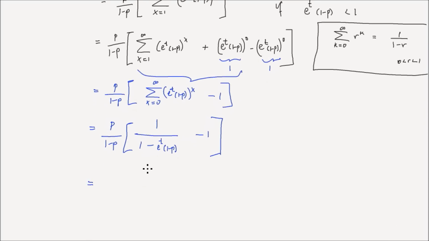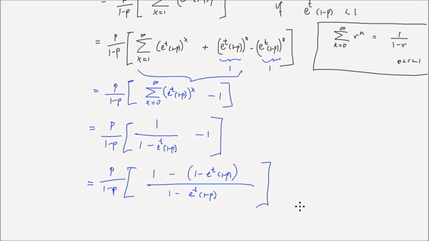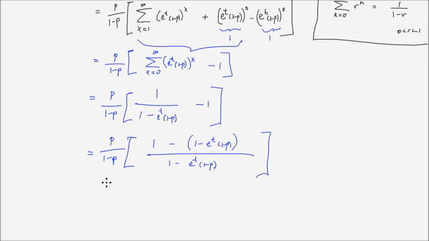Therefore, I can simplify this further as the denominator becomes 1 minus e to the power of t times 1 minus p, and that is equal to p divided by 1 minus p times 1 minus 1 is 0.